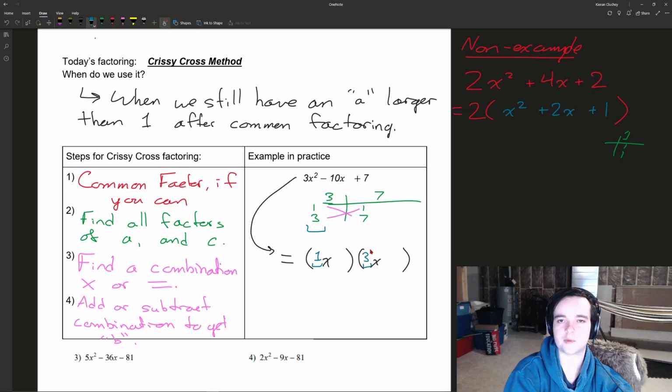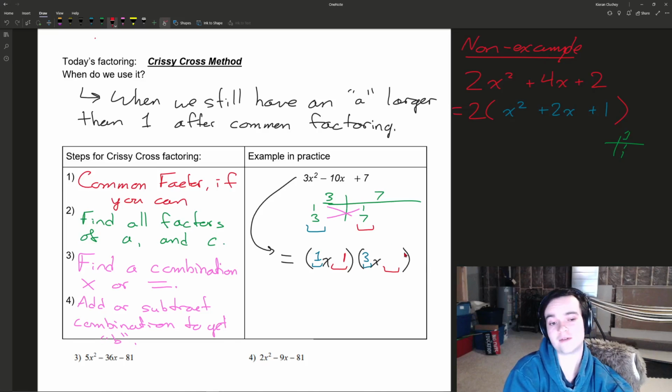What matters is where we put the 1 and the 7. So 3 needs to get multiplied by the 1, which means I have to put a 1, and if I color code this, I have to put a 1 in the first bracket here. So I have to put 1 here.